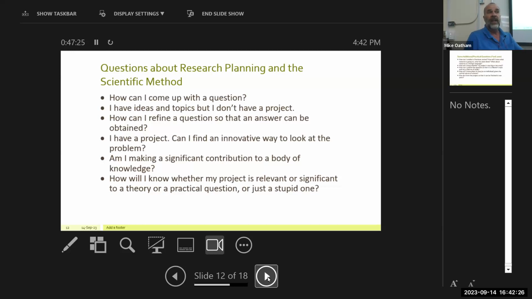Try and find a question which is similar to yours and see how people approach it. Okay? How do they refine it? What sort of things do they look at? And then how do they match the methodology to that? Okay? Before too long, you'll become an expert and you will be able to refine the questions without referring to the literature. Okay?